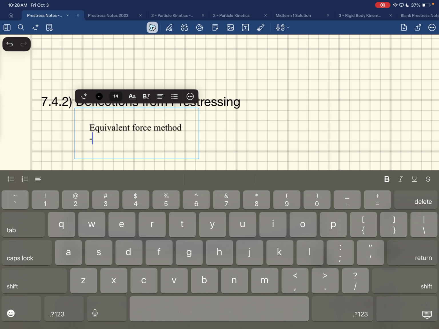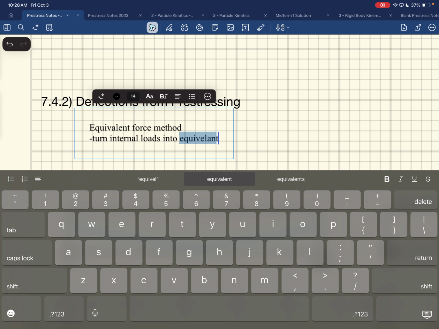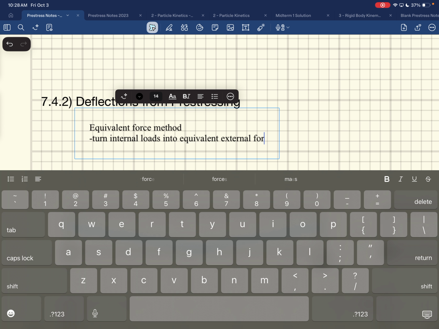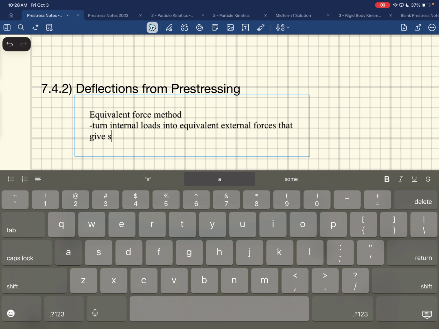Okay, so one way is going to be this equivalent force method. We're going to turn internal loads into equivalent external forces that give the same conditions.